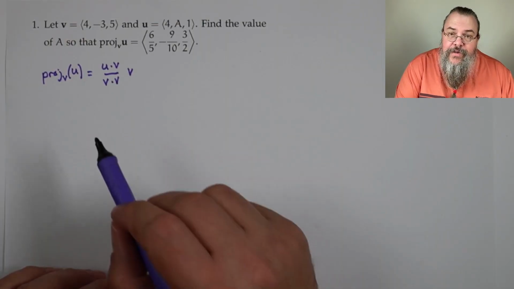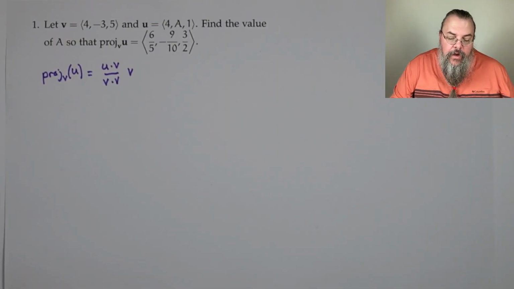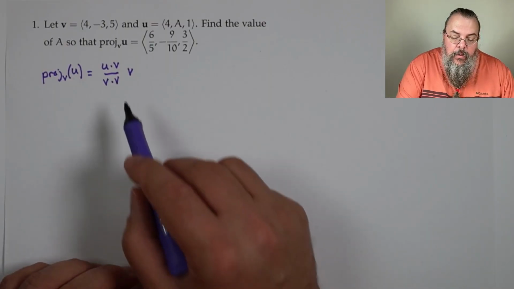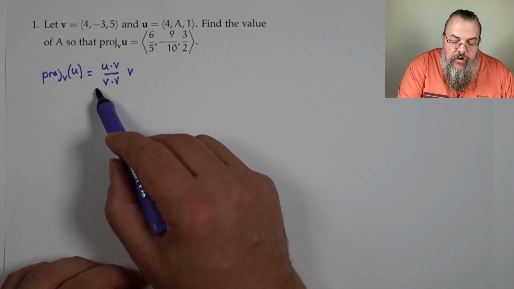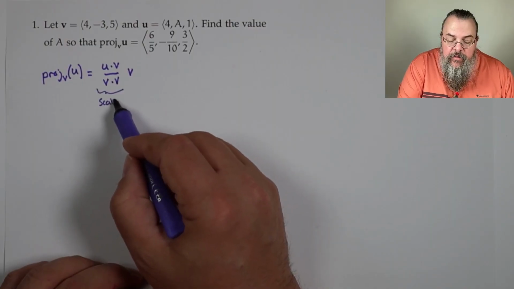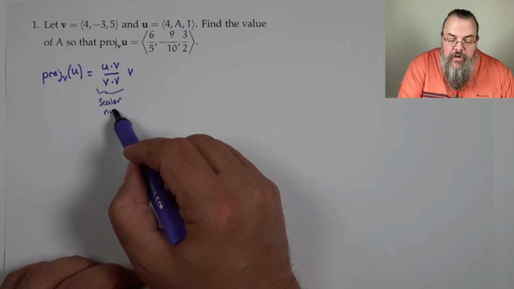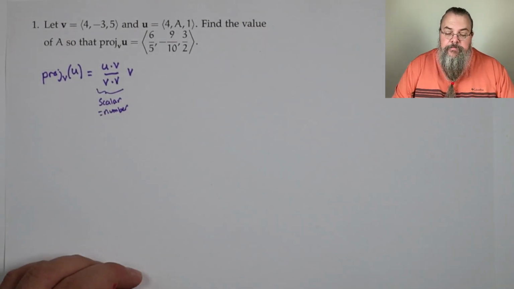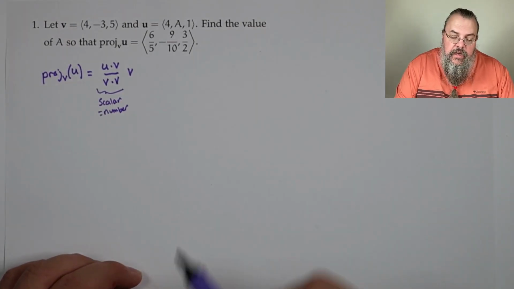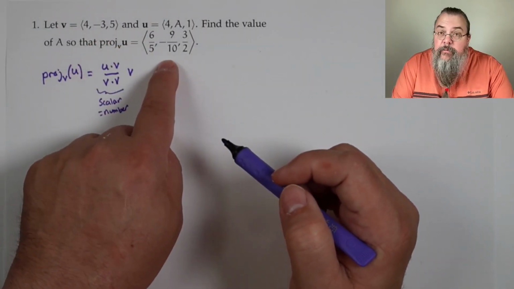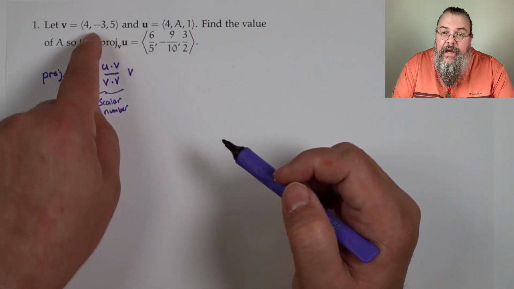What makes this work? Well, let's think about what's true for a minute here. We know that this right here is a scalar, and a scalar is just a fancy way of saying a number. All right, great. And this is our vector V. And so we say, hey, we need to have that this output is a multiple of that.